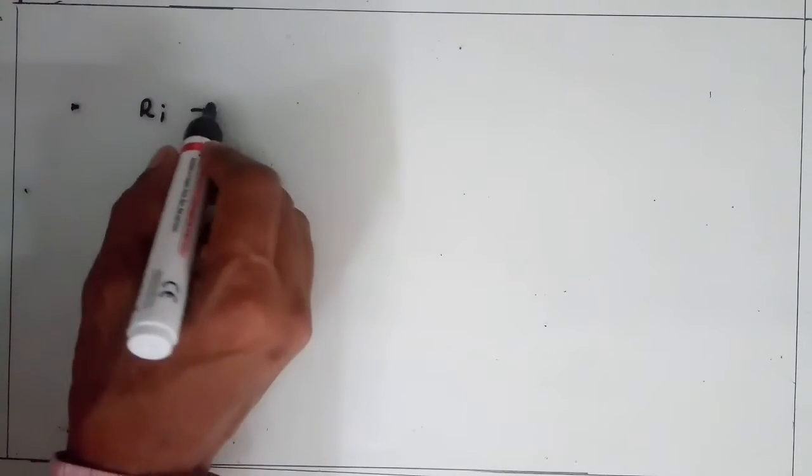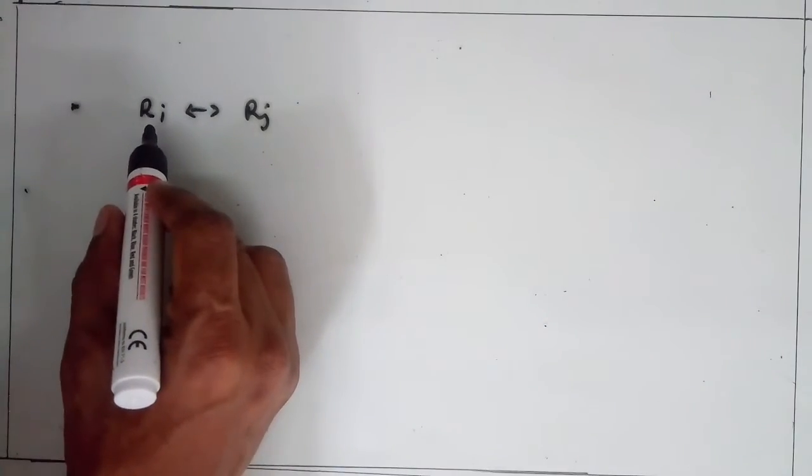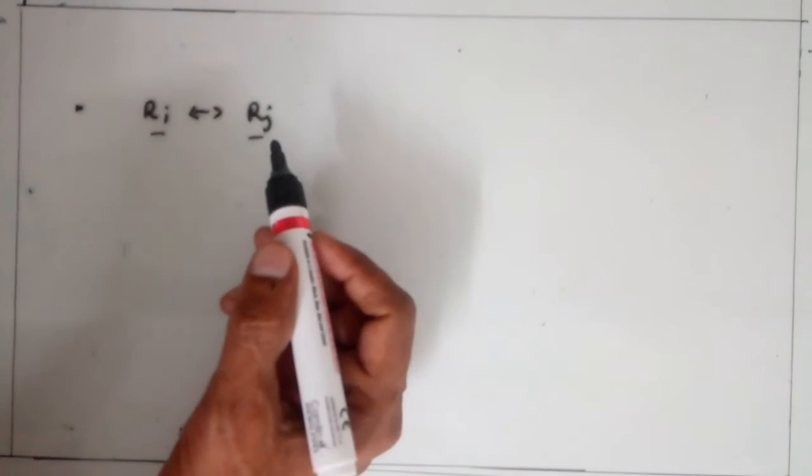Friends, here we discuss elementary operations of a matrix. Remember this. First, Ri to Rj, that means interchange the ith row and the jth row.